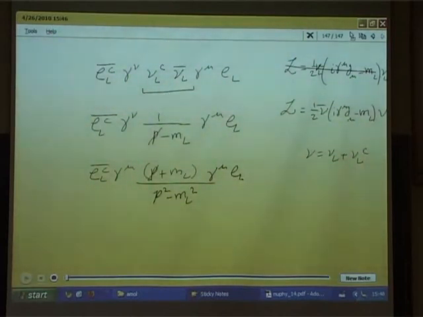Now, so let's look at these two terms. Okay, this is ELC bar gamma mu P slash gamma mu.